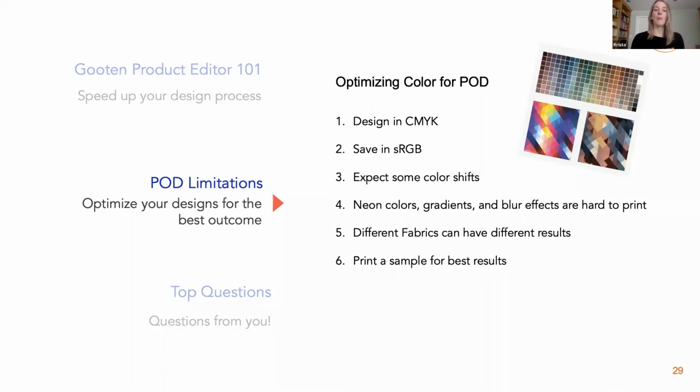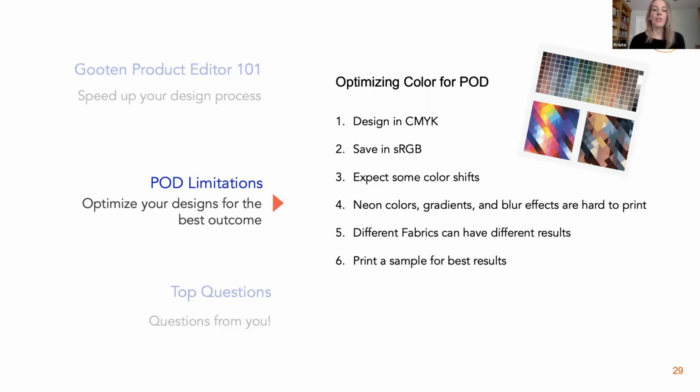Your design is being printed next to another person's design, so they have a standard color profile that they'll apply to all of the products that are going through production. So there definitely will be some shifting, and most of the time the shift will be a little bit more muted than your design as it shows on screen.